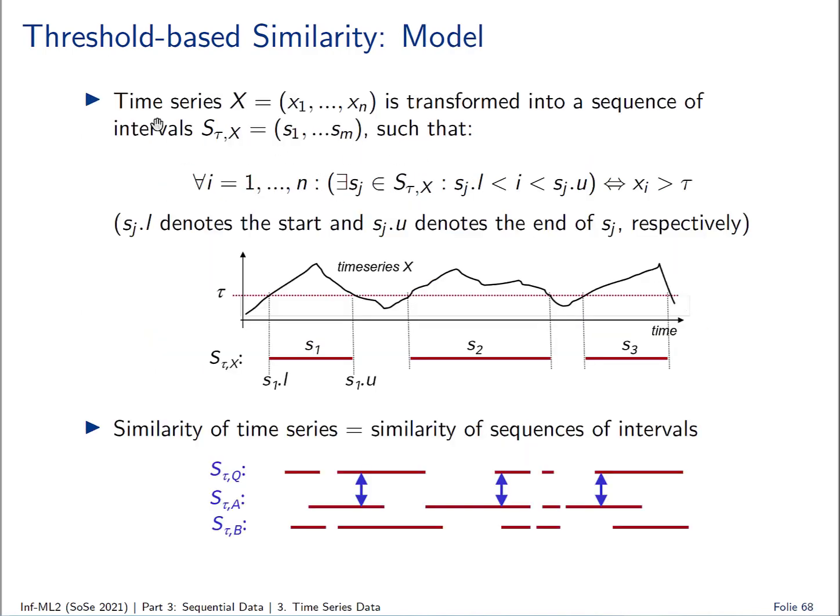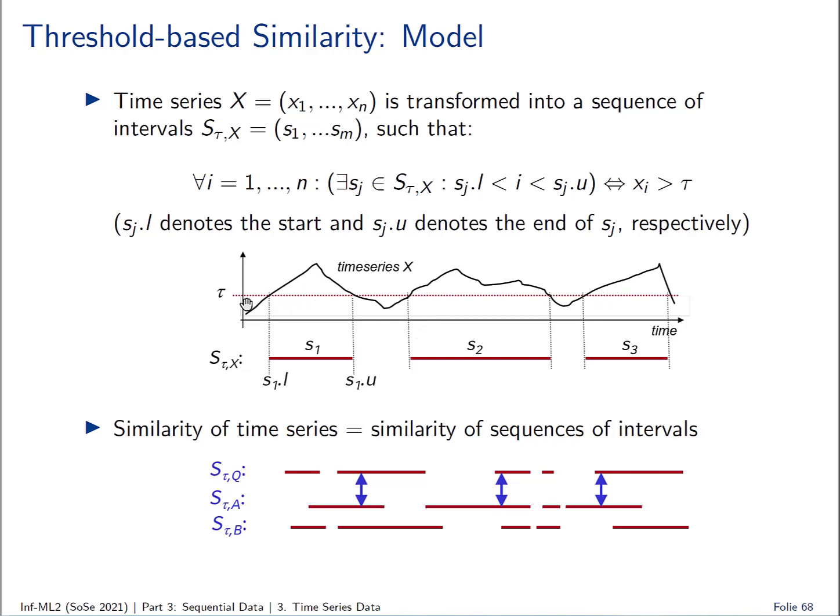We transform the time series into sequences that are above a given threshold or below a given threshold. Since above and below are redundant, we can just compute one of those two. So given a threshold tau, we transform the time series. This is the original time series here.